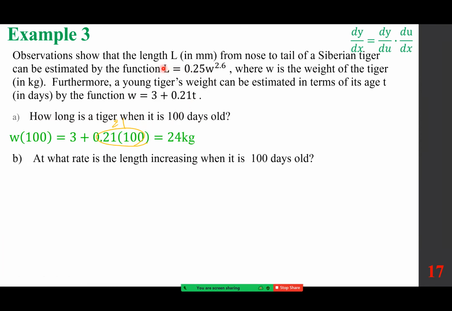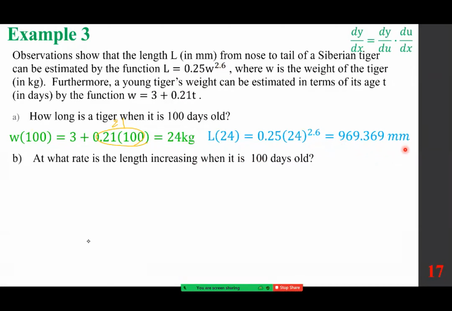So you could write L as a function of T, by replacing the W and in one shot come up with the answer, or just, you calculated the weight, now you plug it in here, and at this point, you really have to use a calculator. So 0.25 times the number we just got, 24 to the power of 2.6, using a calculator gives us this.